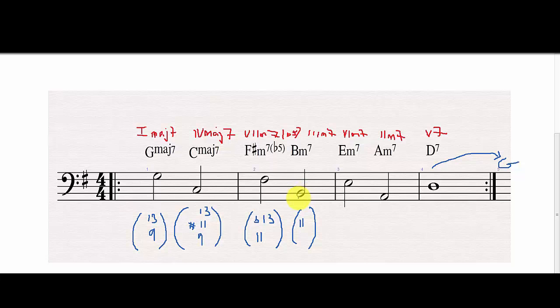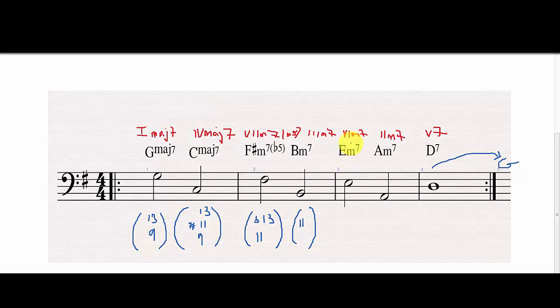So the 9th above this B minor 7 would be C, wouldn't it? That's half a step, and the 13th would be a G above the F sharp, so that'd also be a half step, so no good. So you can only have 11th on 3 minor 7.